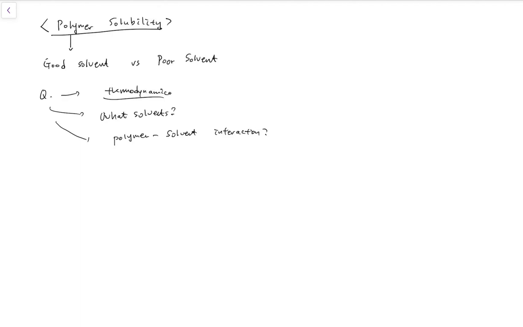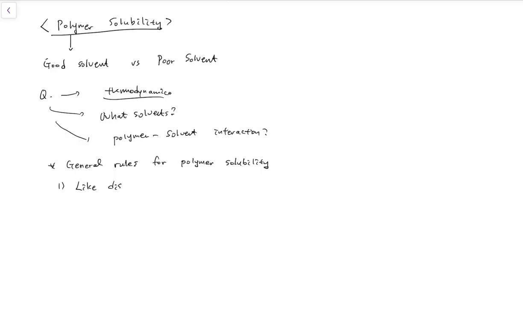So there are general rules for polymer solubility.